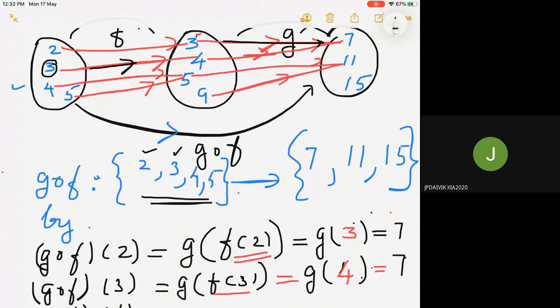f of 3 means the first one you have to consider. Here comes your f and here comes your g.